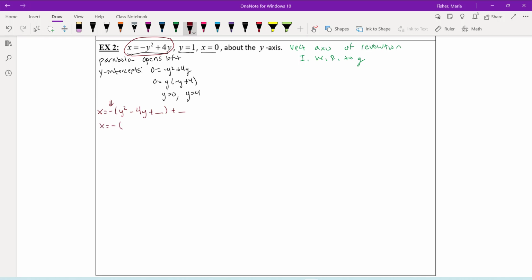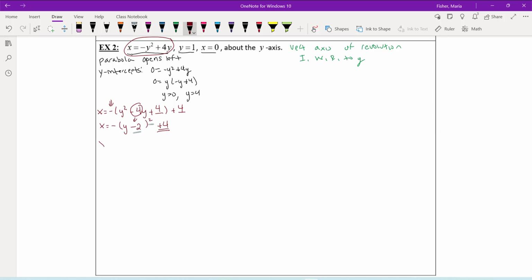Bring down that negative, and then open an empty set of parentheses and hit squared. The variable that I'm dealing with inside these parentheses is y, and then half of a negative 4 is a negative 2. A negative 2 squared is a positive 4. That's the number that goes into these blanks. And then we have x equals the negative of y minus 2 squared plus 4.